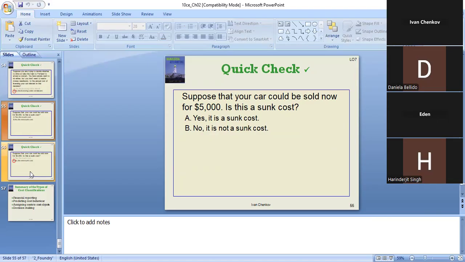I think it's a depreciation cost. Think about it. Sunk cost is what I already paid. You already paid, but is this a cost? No, it's the money that you're going to get. This is actually your revenue, right? This is revenue, not cost. So for that reason, this is not a cost at all.